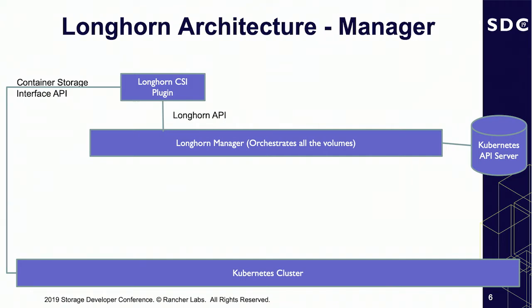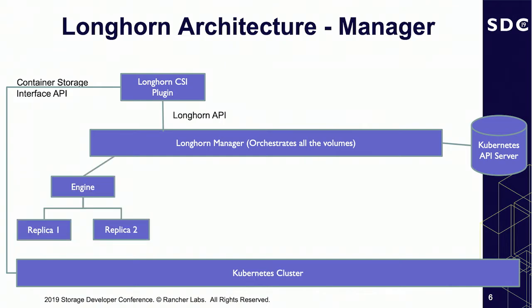When the Longhorn manager sees a request for creating a volume coming in, it will create a volume object inside the Kubernetes API server. And there are a bunch of other controllers running inside the Longhorn manager, which monitor what changed in that Kubernetes API server. Once those controllers see that there's a new volume object that has been created, but they haven't seen one in the local disk yet, they need to create it.